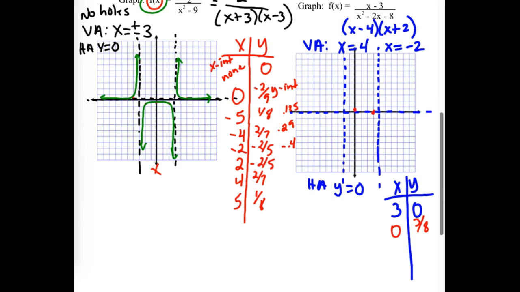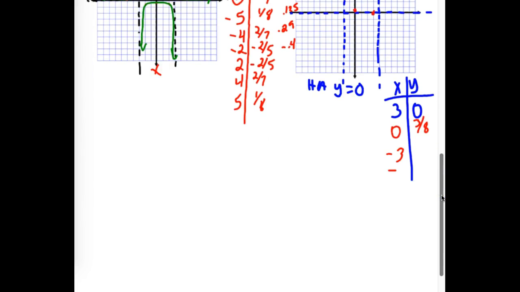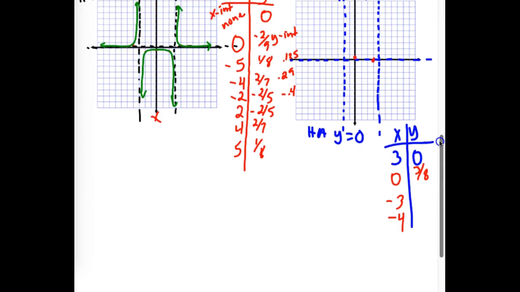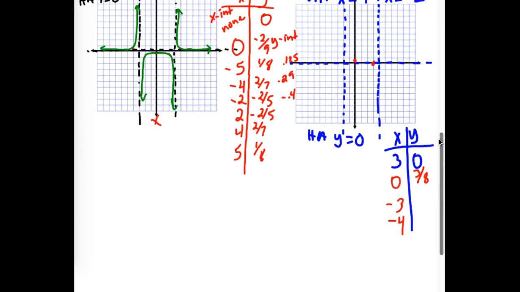But I still need to find stuff on the far left and far right. So let's use -3 and -4 on the far left. And let's do -1. And let's do 5 and 6.